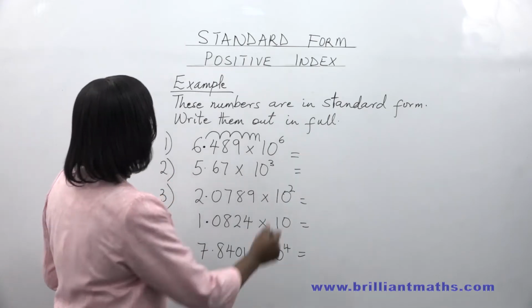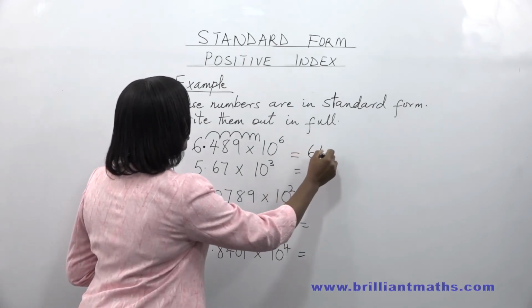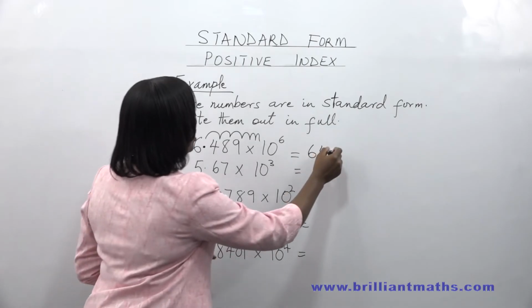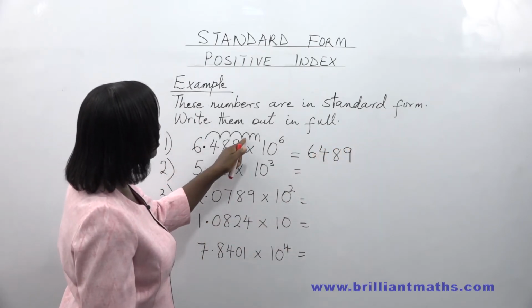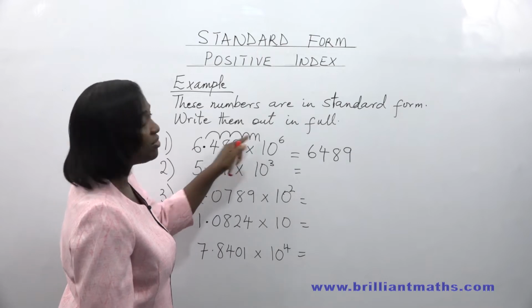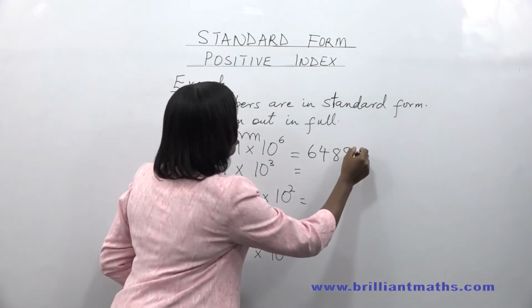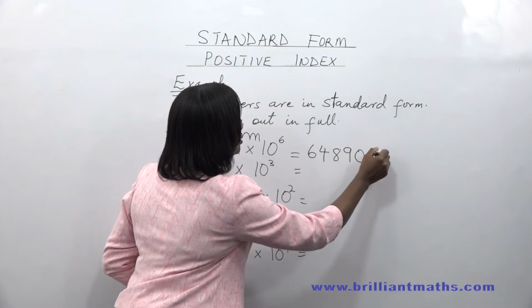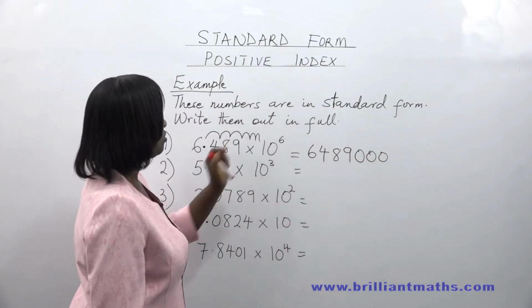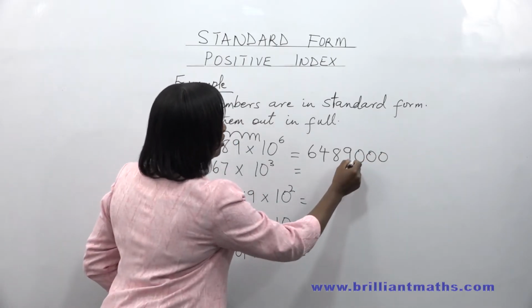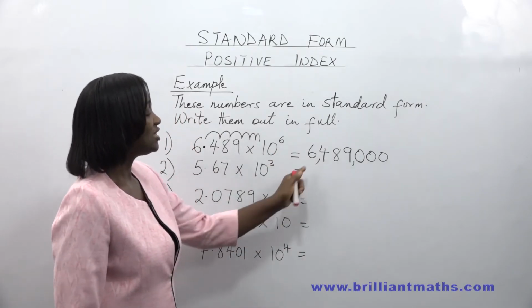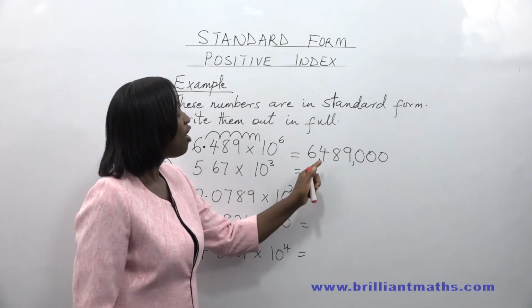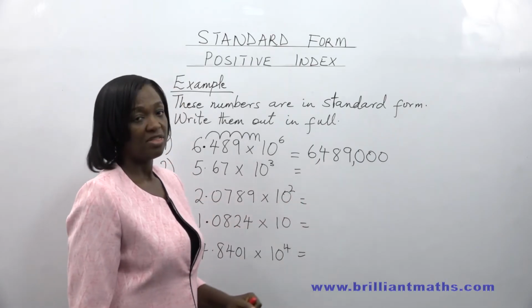The number is 6, 4, 8, 9. And then we have loops here without numbers. So we fill them up with zeros. 1, 2, 3. So the number written out in full is 6,489,000.